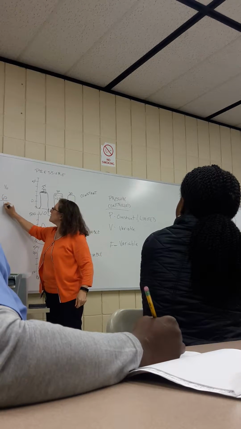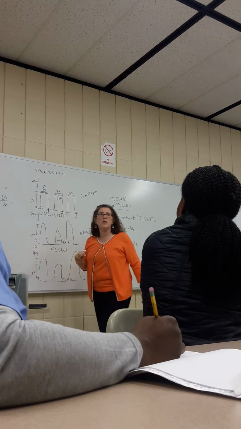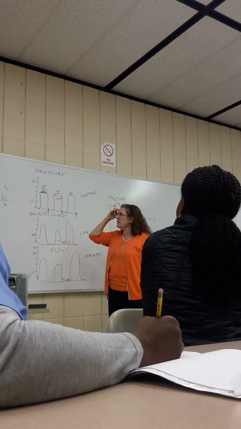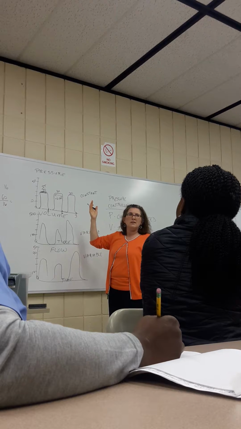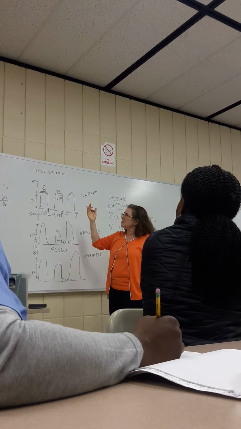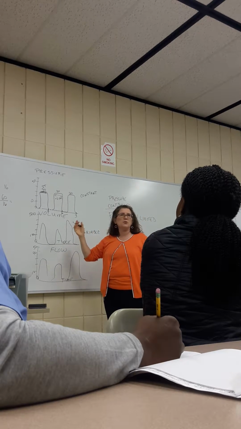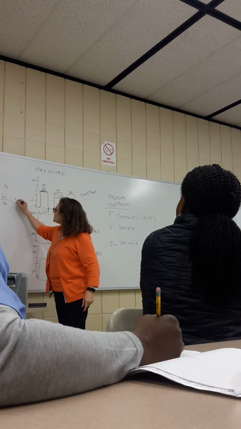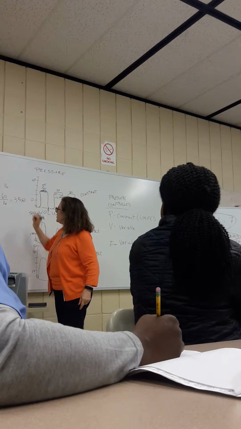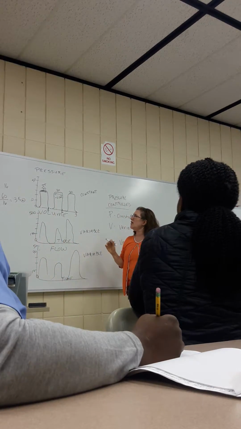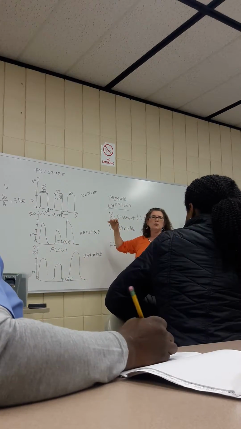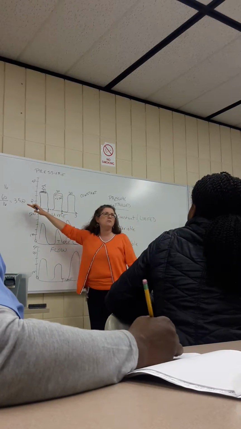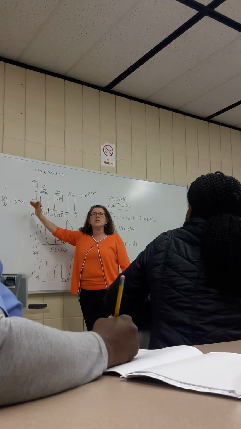I know 15 into 60 is 4, so what's my total cycle time? Close to 3.5, approximately every 3.5 seconds. If this patient doesn't ask for a breath within that time frame, the ventilator is going to give the breath.